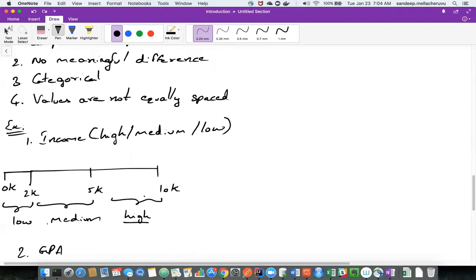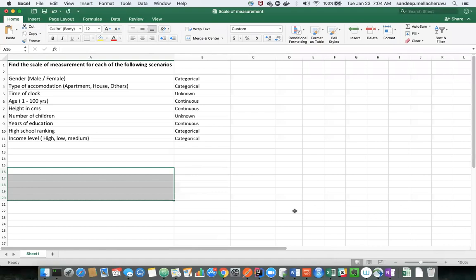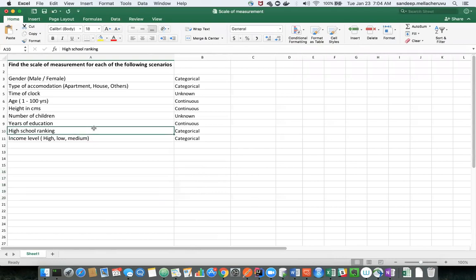Okay. So basically, you have given us different examples like gender, time of clock, and all that. Should we know if they're equally spaced or not? Only then can we know whether it's ordinal or nominal. Yes. For example, in high school ranking, first rank and second rank, are they equally spaced?